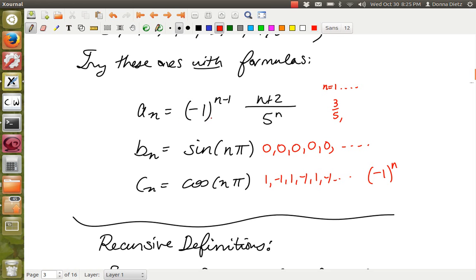And then for the next term, they're going to just alternate signs, and the denominator is going to hike up by a power of 5, and the numerator is just going to add 2 more. So even though obviously 5 over 5 squared simplifies to 1 over 5, there's no point in simplifying it, because then you would lose the progression. Okay, so that's what that one looks like. Not very exciting.